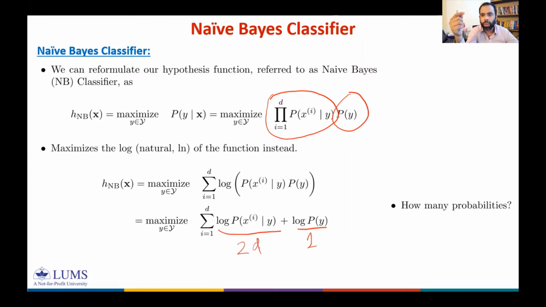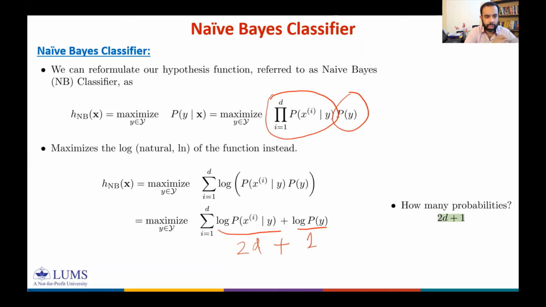Because when you know the probability of y is equal to 1, or you compute the probability of y is equal to 0, you can compute the other by subtracting it from 1. So we only need 2d plus 1 probabilities. In general, if you have d features and m labels, we compute these probabilities and store them in the form of probability tables. I will talk about this in a while.